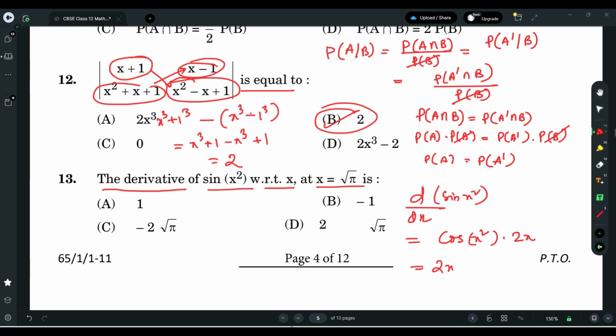That means 2x cos x square. That means 2 into root pi, x is equal to root pi, into cos x square means cos pi, and cos pi is 1. That means 2 into root pi into 1. That means 2 root pi is the answer. So D is the correct option, 2 root pi.